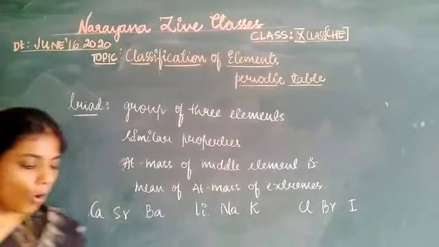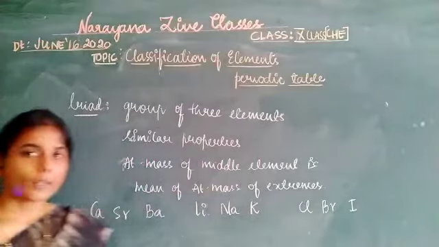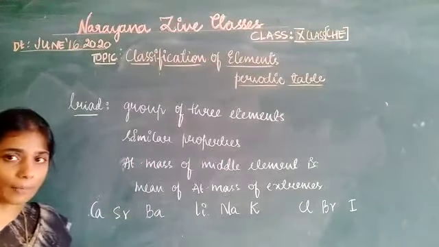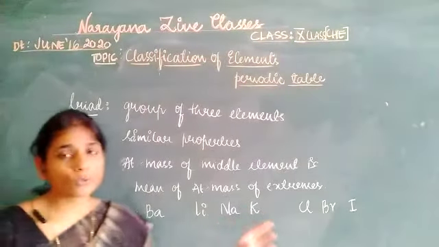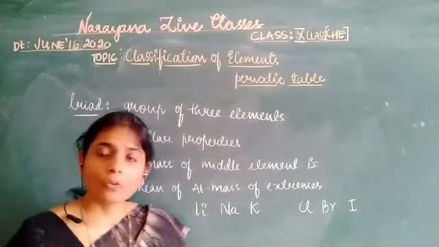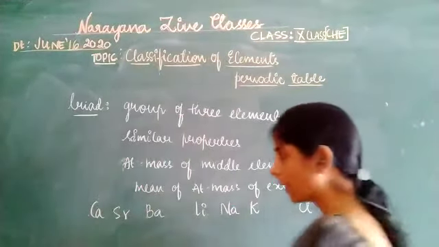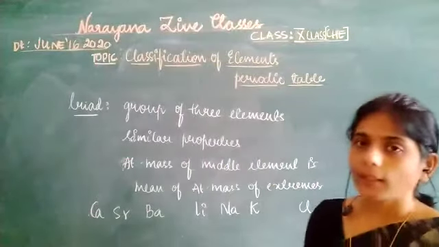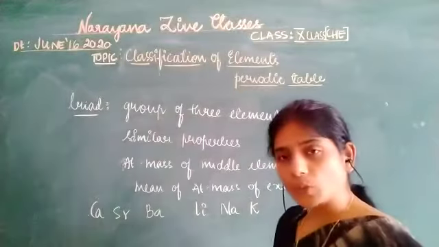Next question, what are the limitations of Dobereiner's law of triads? The limitation was that all the elements known at that time cannot be made into triads. For example, fluorine, chlorine, bromine have similar physical and chemical properties, but they cannot be made into triads. Iron, cobalt, nickel have similar physical and chemical properties, but they cannot be made into triads.